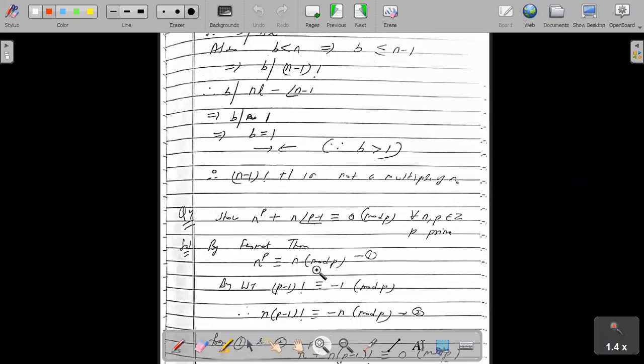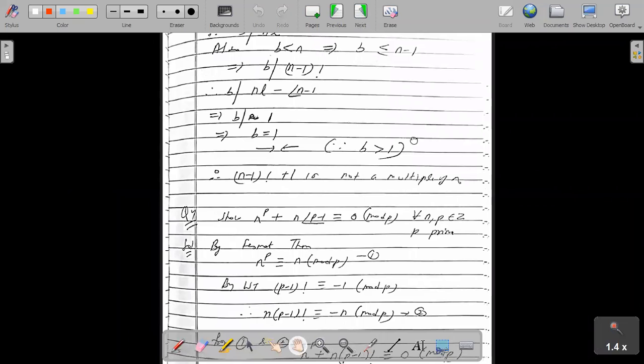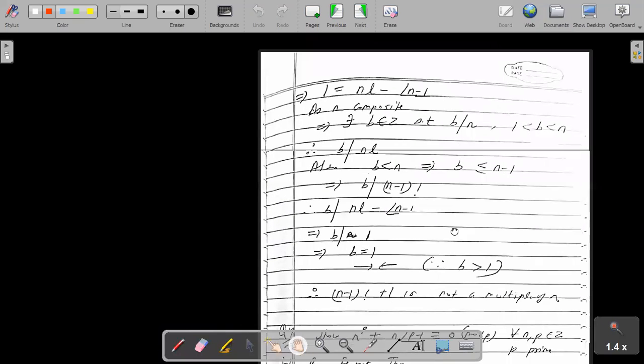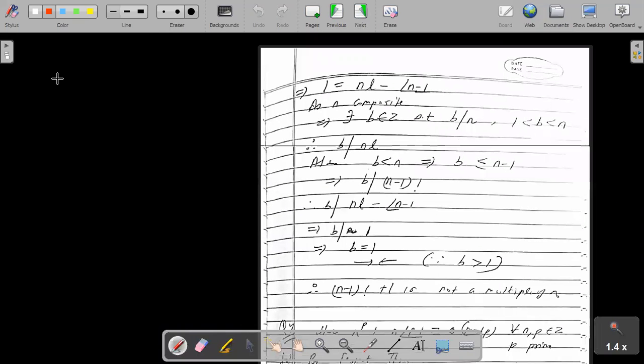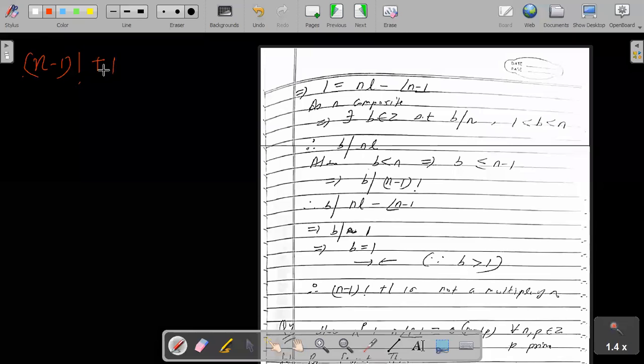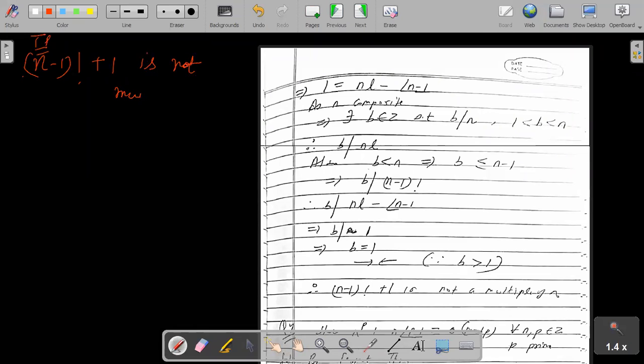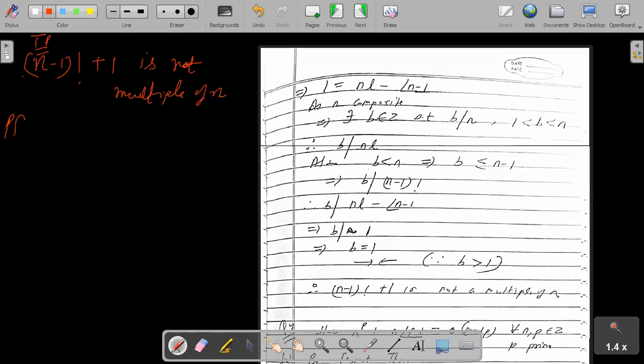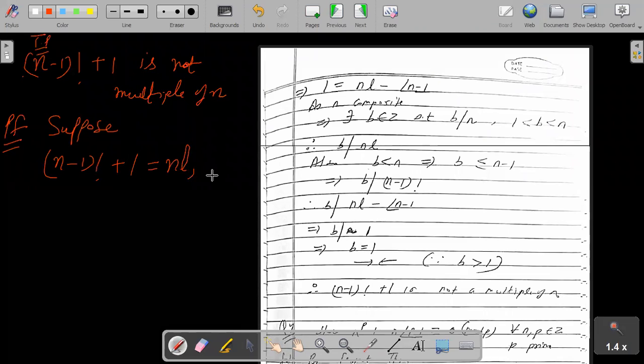So let us assume that this is a multiple of n. Suppose (n minus 1) factorial plus 1 is equal to n into some integer.